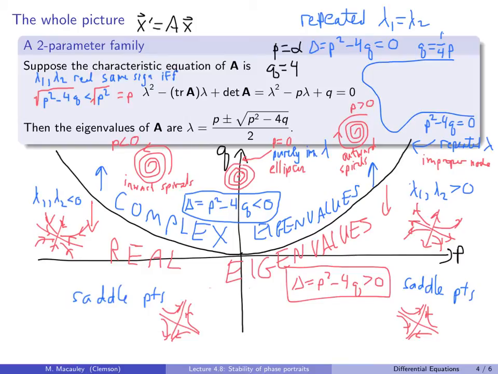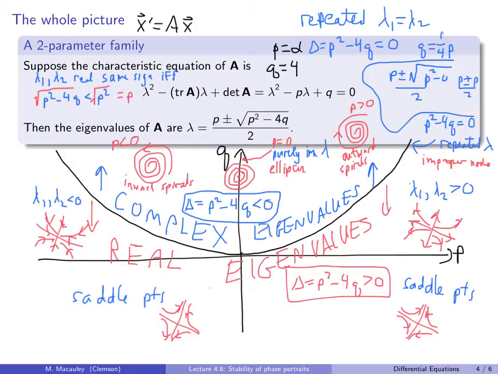When q equals 0, that means we have p plus or minus the square root of p squared minus 0, over 2. So that means we're going to have p plus or minus p over 2, which means we're going to have one eigenvalue equal to 0.